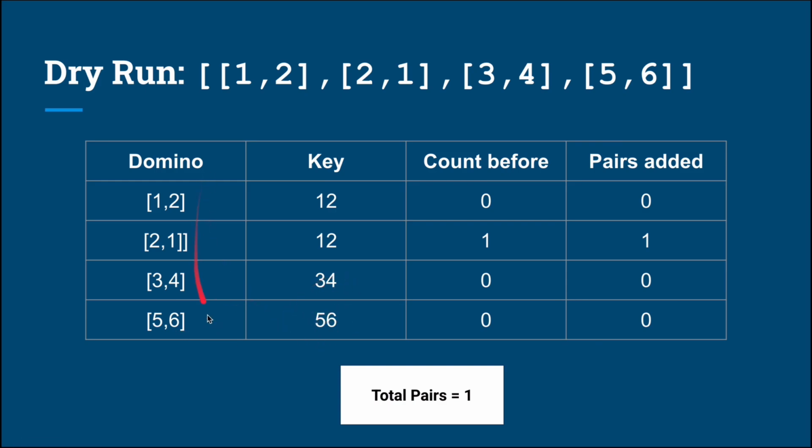Then you do the count. Before the count it is 0, now the key 12 is already in the count, so the count is 1. Next time it comes as 12, you check in the count: before it was 0, now it is 1. So the total pairs coming is 1.